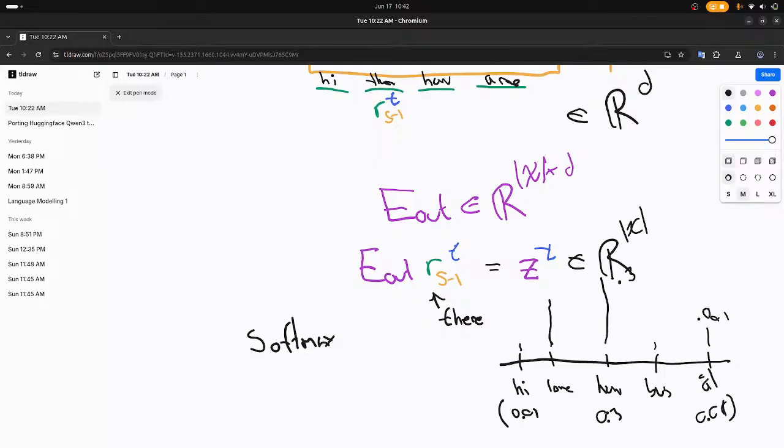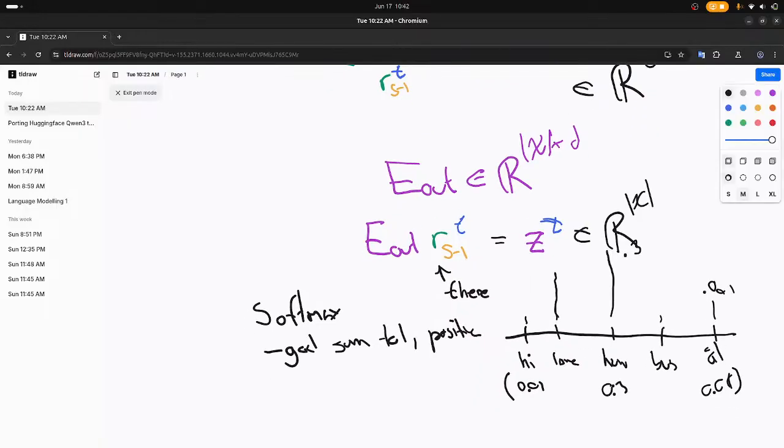Softmax just says I have this vector s of t, and I now want to turn it into a probability distribution, so I just have to make sure the entries are non-negative and sum to 1. That is the goal.